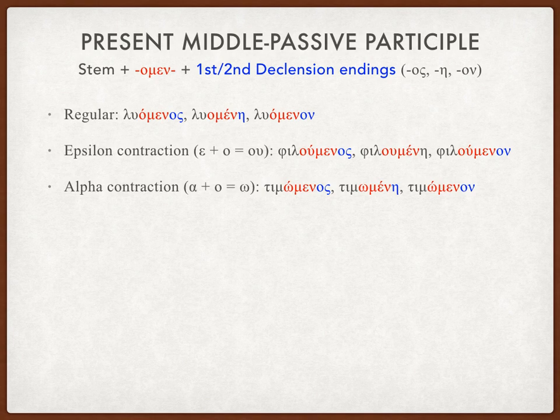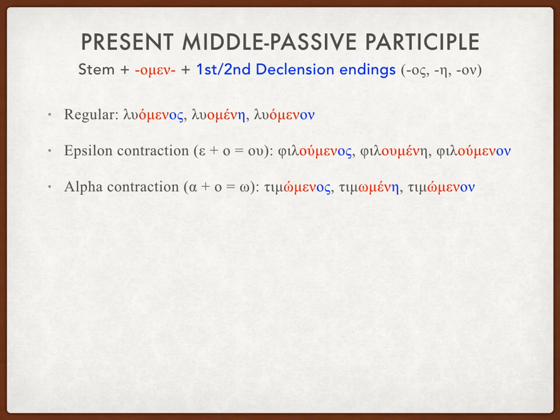All that you do to form them is take the verbal stem, whether it's lou, phile, or tema, in any kind of contracting form, throw on omen, that's my participle infix that tells me to translate it with ing in English, and the first and second declension endings, os, a, and on, to have them match whatever noun they're describing in a sentence. So this gives me, in a regular formation, lou omenos, ransoming, lou omene, lou omenon, masculine, feminine, and neuter.